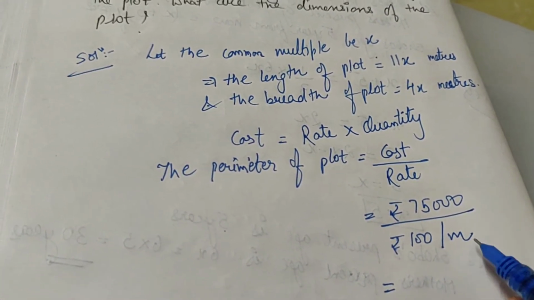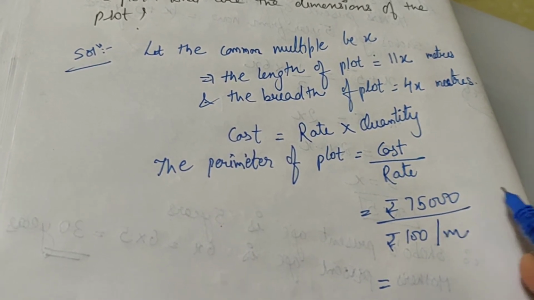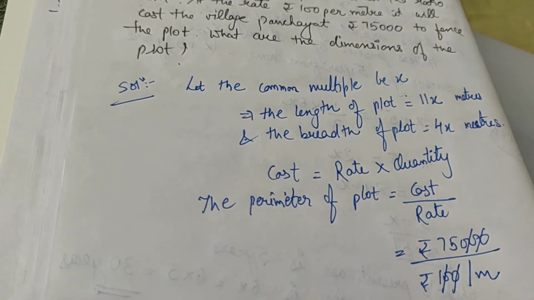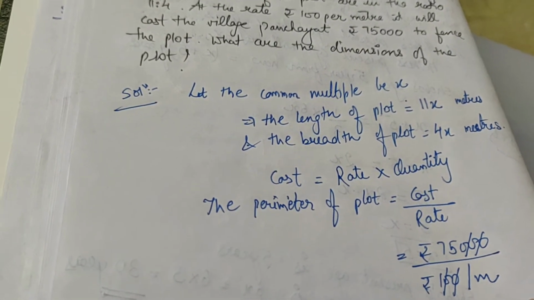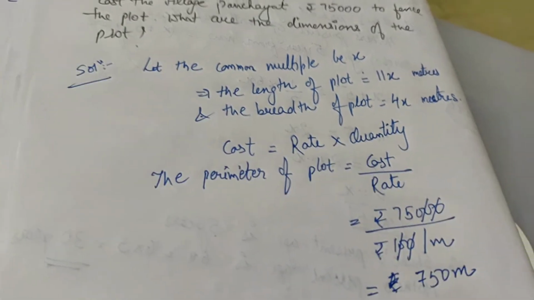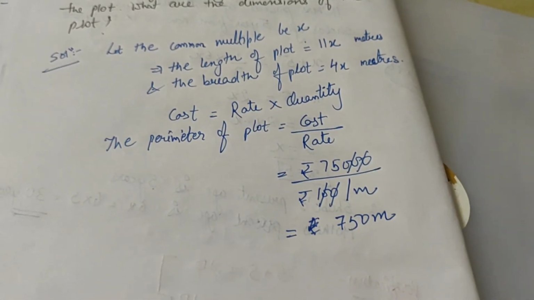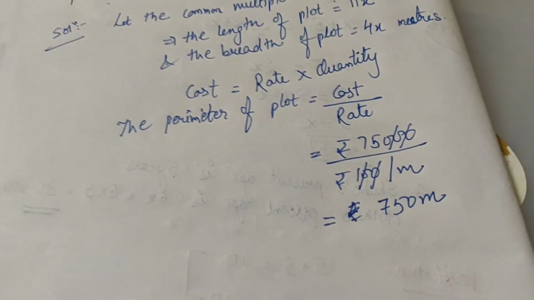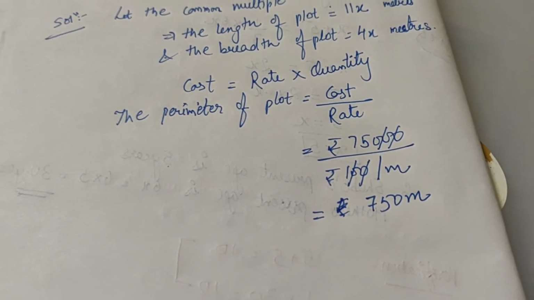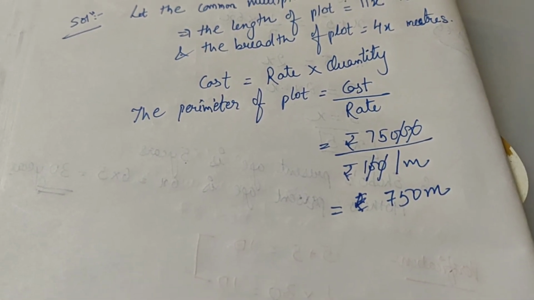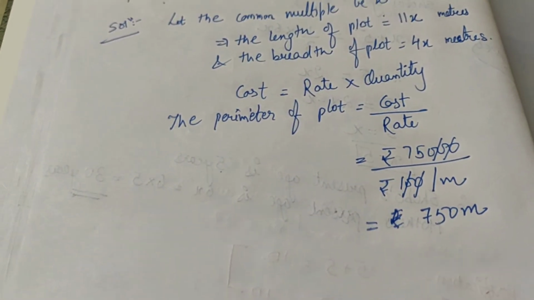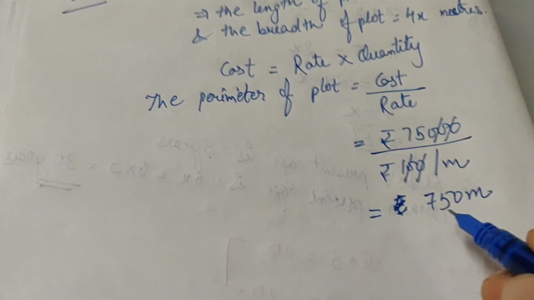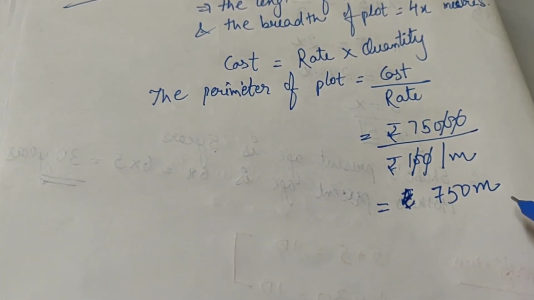So this per meter, this denominator in the meters goes into the numerator, and hence what you get is 750 meters. People, when we cancel the numbers, the units related with them also get cancelled and shifted. So we have to be very mindful. Perimeter cannot come out in rupees, it will come out in meters, because the rate was given as rupees 100 per meter, so it will turn out to be 750 meters.